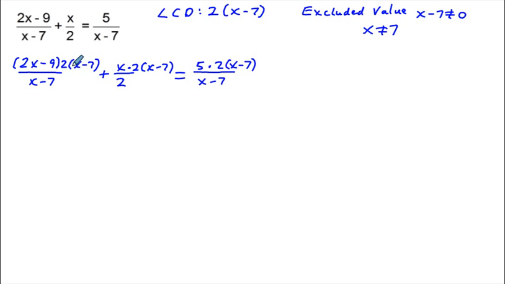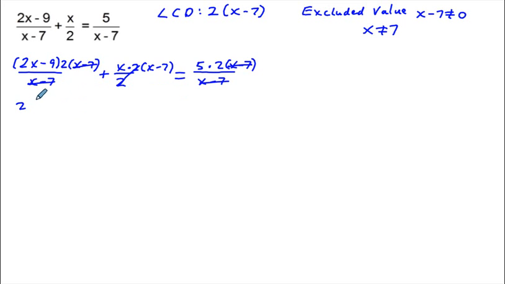On the left one we have x minus 7 over x minus 7 cancel. On the next one we have 2 over 2 will cancel, and then on the right one we have x minus 7 over x minus 7.